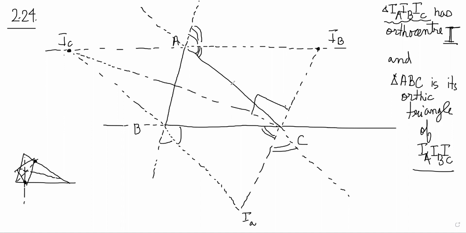If it passes through I, we know that angle ACIC and angle BCIC are equal. We know that IC has been constructed by drawing the internal angle bisector of C, right? Yeah. And the external angle bisector of A and B, right? Yeah.